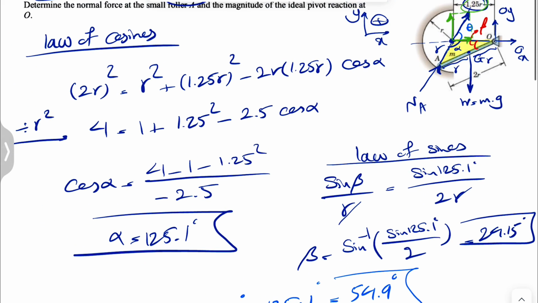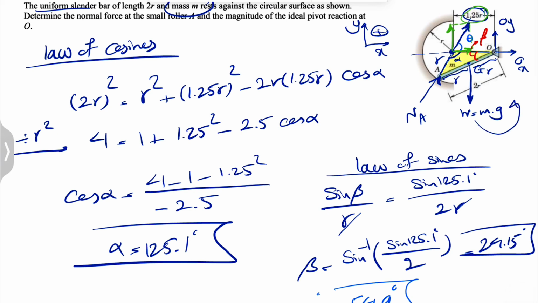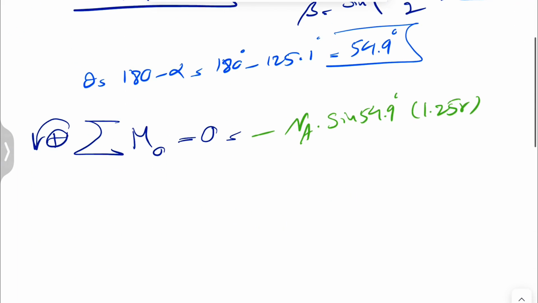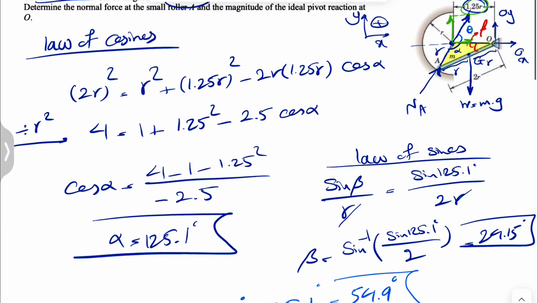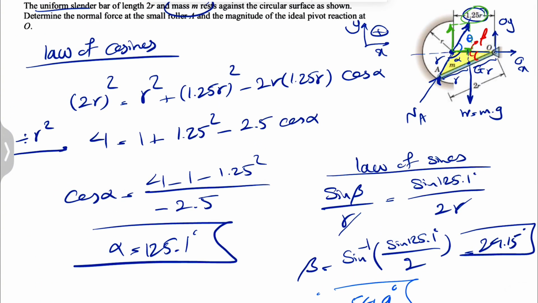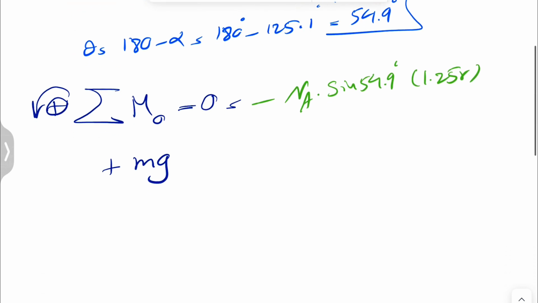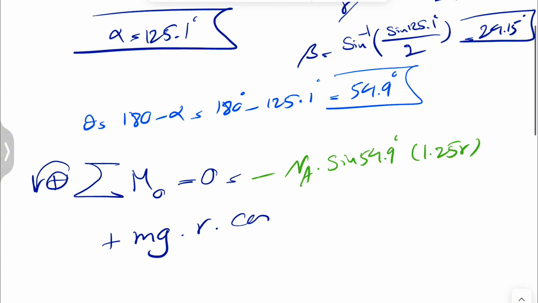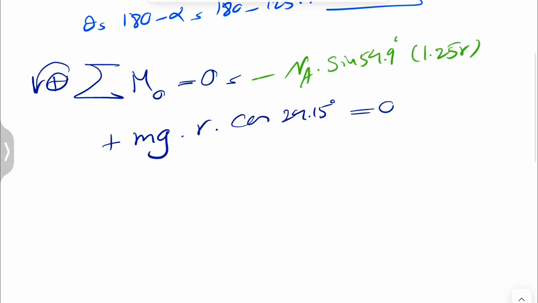And also we're going to have the moment of the weight, which about O is counterclockwise, so that's going to be positive mass times acceleration of gravity, and the distance would be the vertical distance to the line of action, or what we have in here, which would be r cosine of beta. So times r cosine of our beta was 24.15 equals 0, and from here we should be able to find the NA.